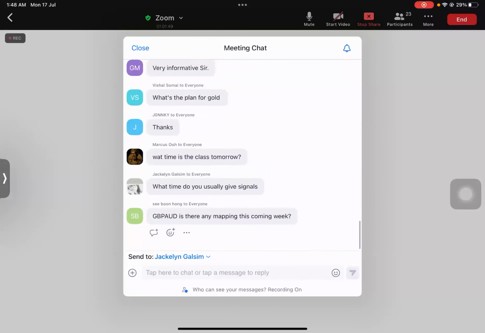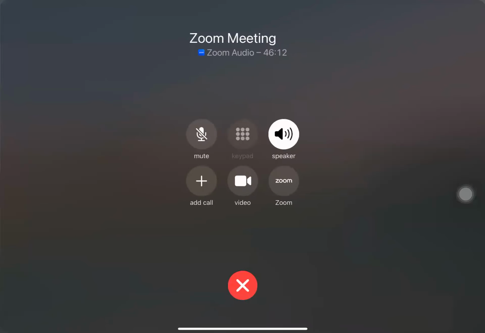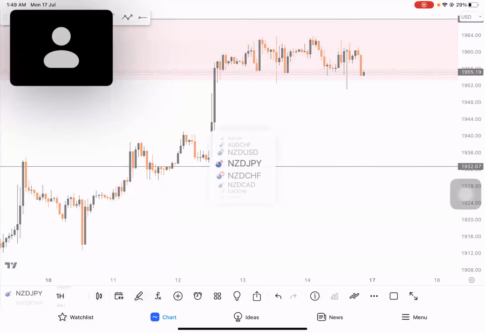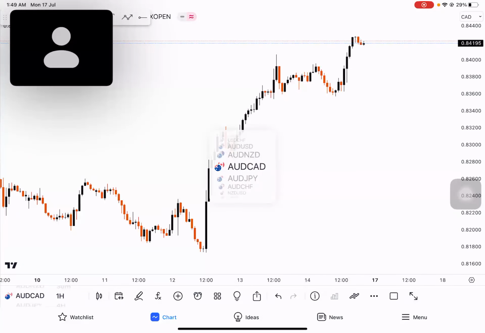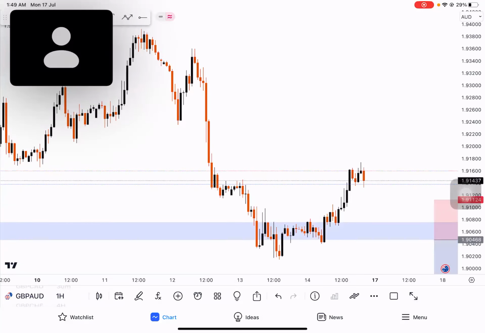That's all for gold. Okay, GBP AUD, is there any mapping for these coming weeks? GBP AUD currently, in the lower time frames, H1 and also H4, we will see it's actually in the buy.